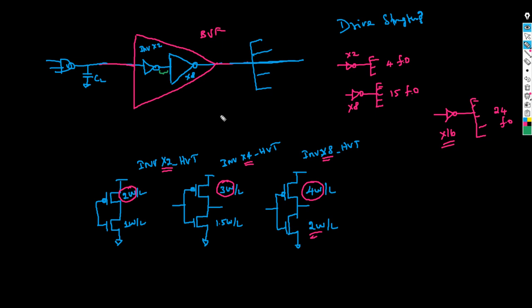Now, can I ask you guys a simple thing? What are the different cells that you can think of having some kind of two stages like this?